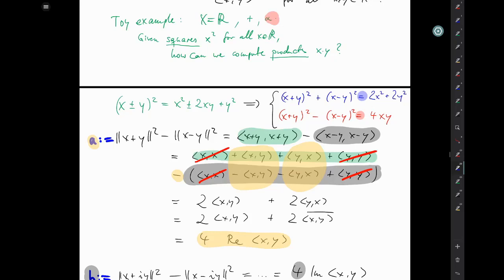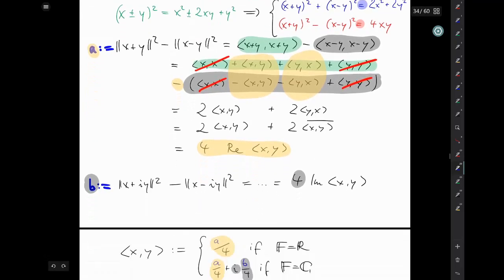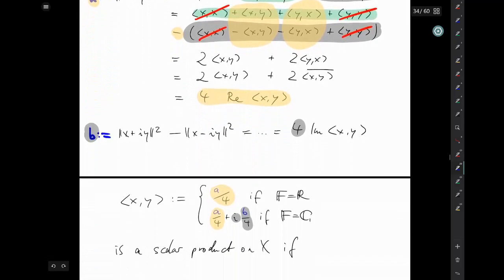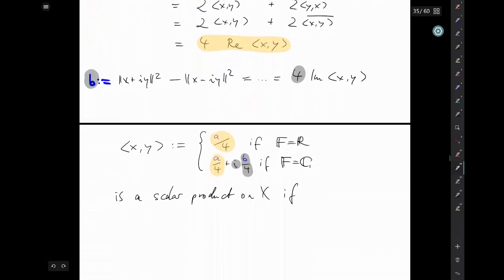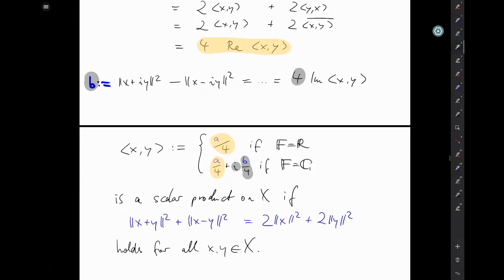So this should also be the case, and indeed it turns out if this is the case, then you are in the situation that you want, that by just computing norms you can compute a scalar product. So we have to write down that blue equation again, and here it is.